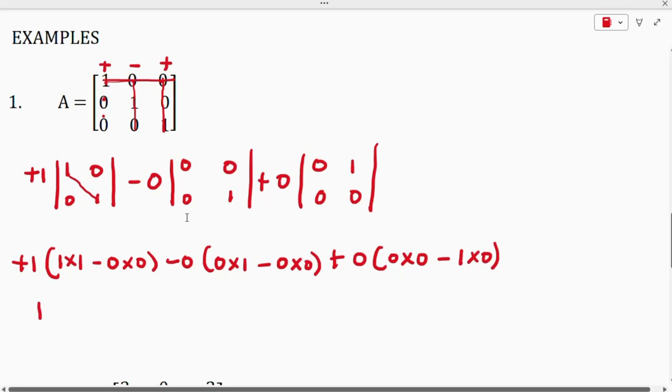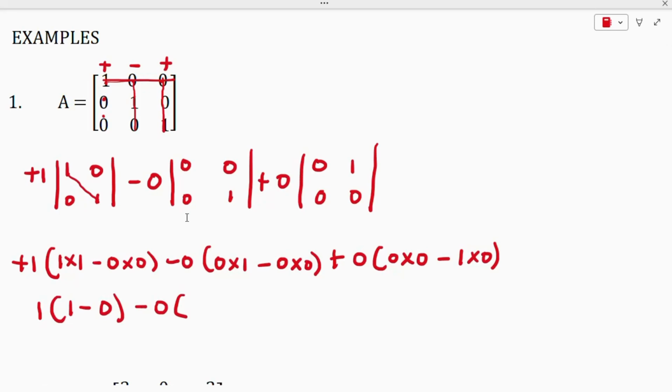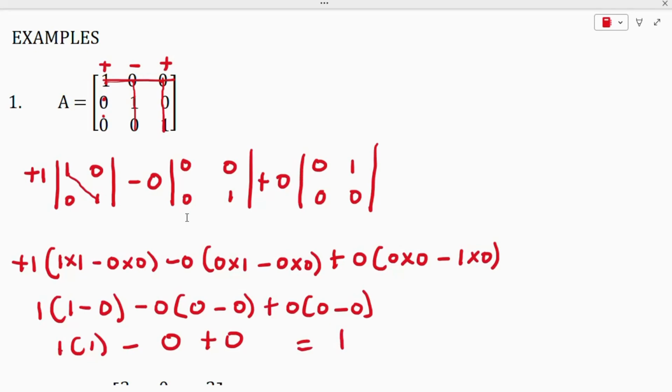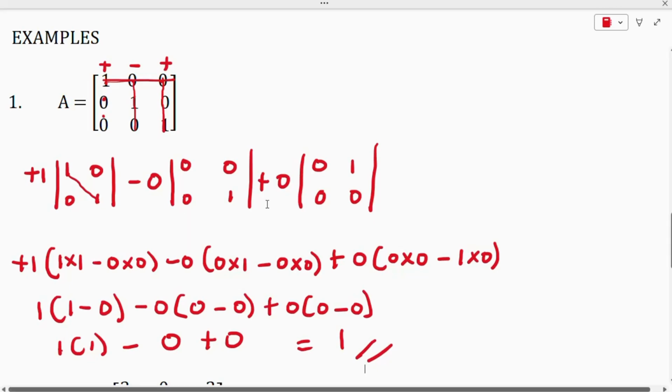So we have 1 into 1 times 1 is 1 minus 0 times 0 is 0, minus 0 into 0 times 1 minus 0, plus 0 into 0 minus 0. So we have 1 into 1 minus 0 is 1, minus 0 plus 0, so this is equal to 1. So we have been able to prove that the determinant of an identity matrix is always 1. So this is how you can find the determinant of a 3 by 3 matrix. Let's take a look at another example.